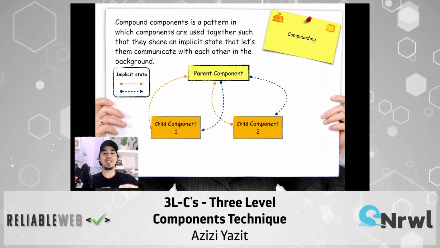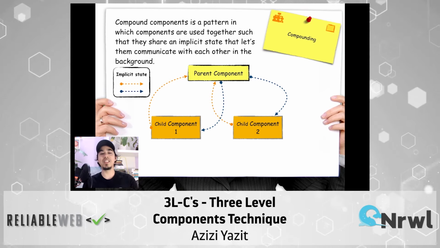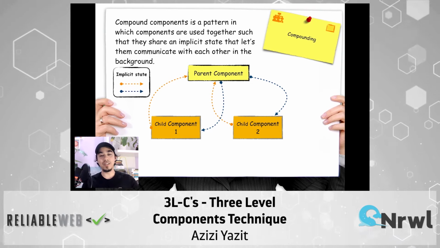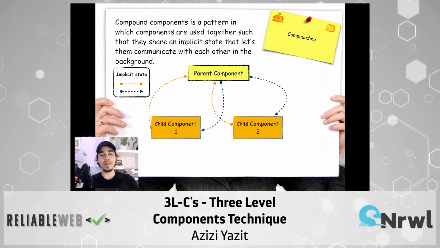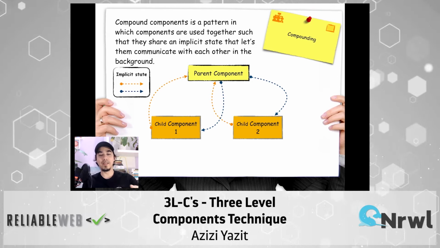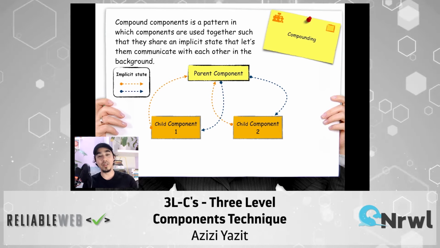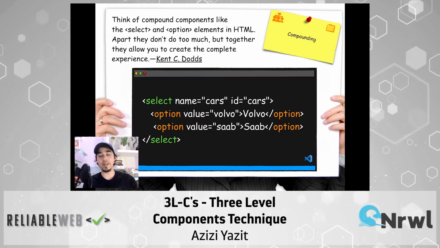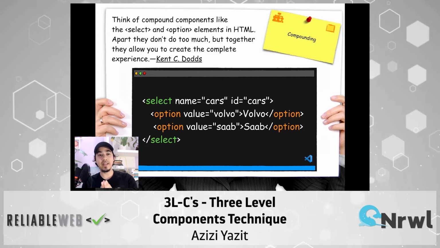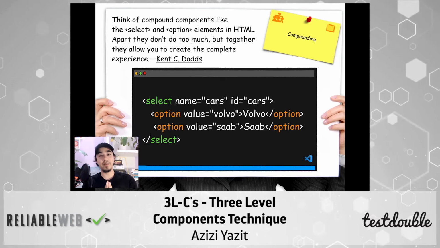The implicit state will be managed by the parent component, and the interactions inside the children, which are inside the container of the parent component, such as the component being clicked or hovered, will update the state in the parent component, and the updated state will be shared across the children components of the parent. Think of the compound component like the select and option elements in HTML. Apart, they don't do too much, but together they allow you to create the complete experience.